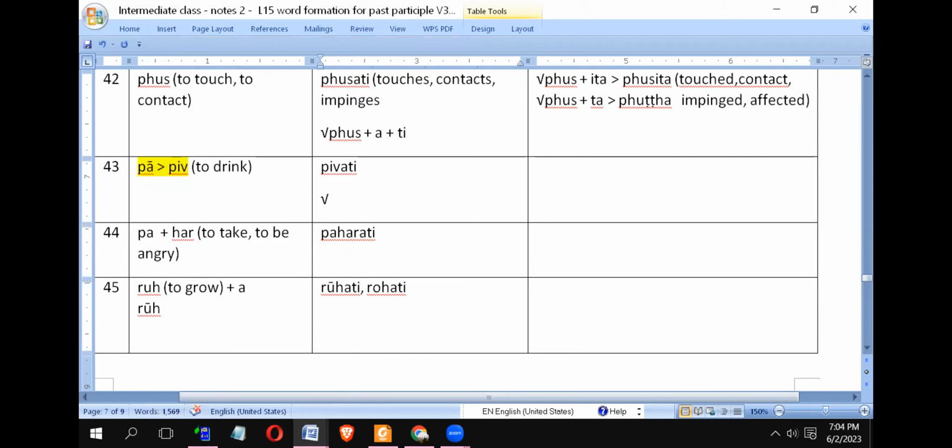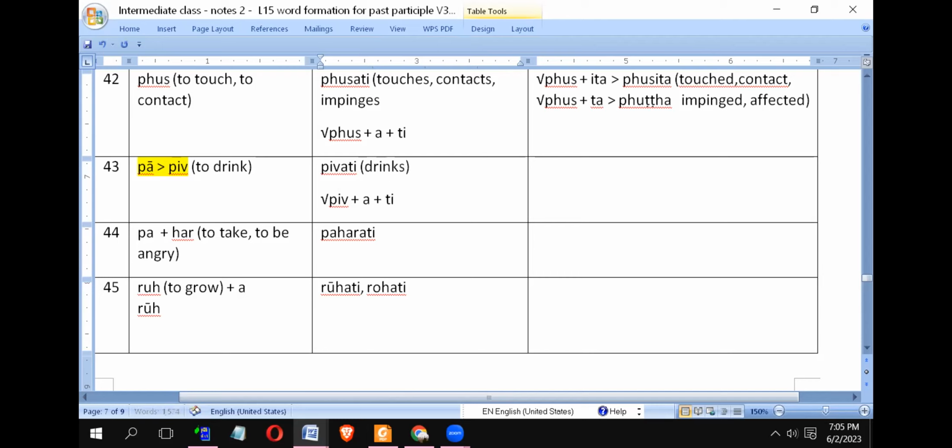Somebody want to try? Simple one. Huiling? Yes. If we go on to use piv, it will be piv root plus a plus ti. So pivati, the meaning is? To drink, drinks.